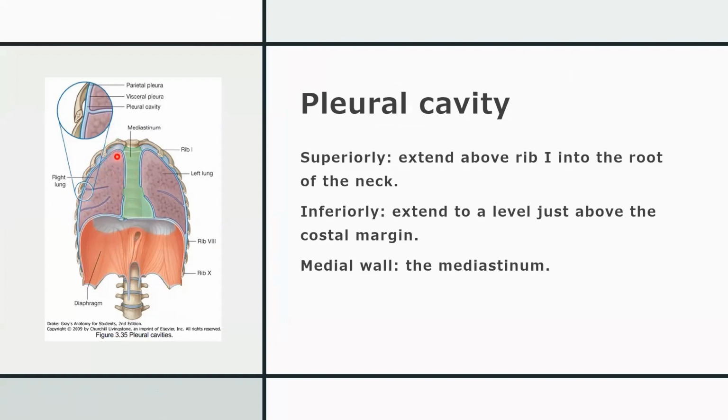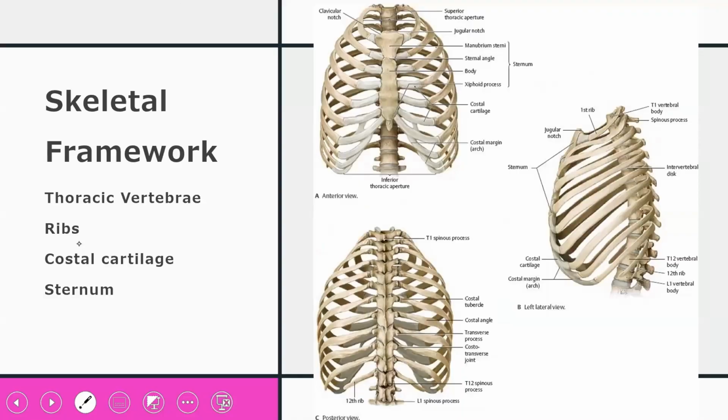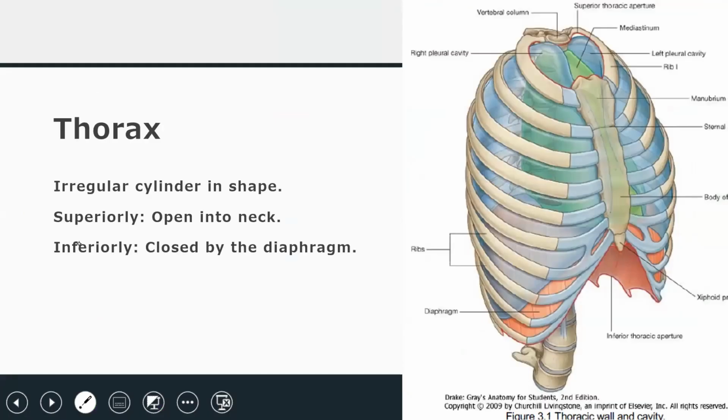Superiorly, it extends a bit above the first rib into the neck, and inferiorly, it lies on the diaphragm, just above the costal margin. So the costal margin is this line, right? This is the costal margin, the lower edge, and the diaphragm is attached to that.